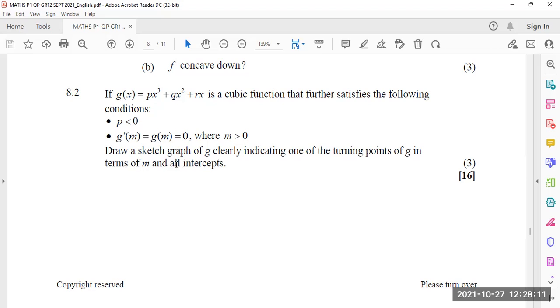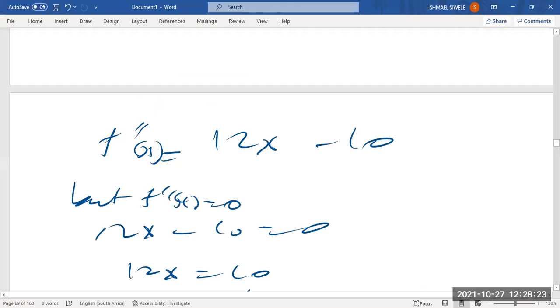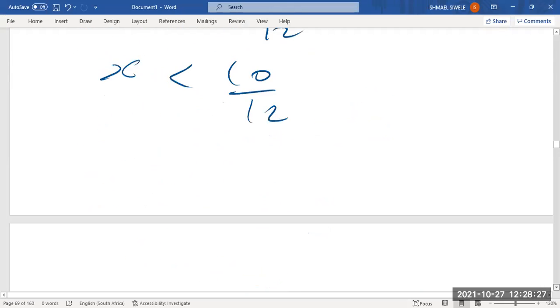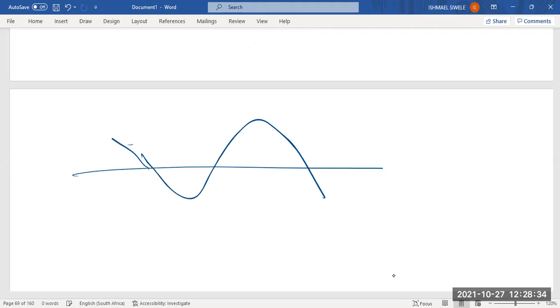These are the turning points, so there's nothing much. You just have to sketch the graph. The sketch will look like this. They're expecting you to draw a graph of this form.